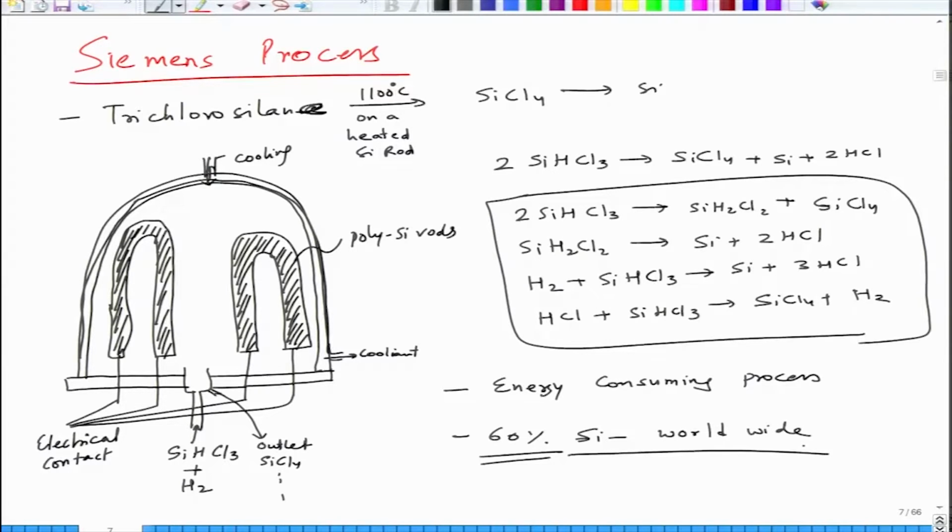So this results in the formation of quite pure, semiconductor grade silicon, and the silicon gets deposited on these rods, okay, and these rods become thicker and thicker, and then you of course take them out, cut them, make wafers. That is what you do, okay.